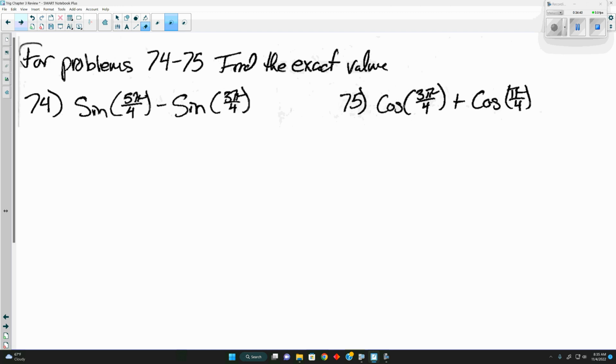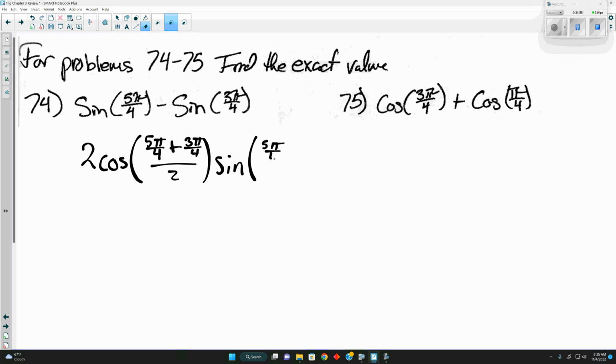So cosine of pi over 4 plus 3 pi over 4 all over 2 times sine of 5 pi over 4 minus pi over 4 all over 2.